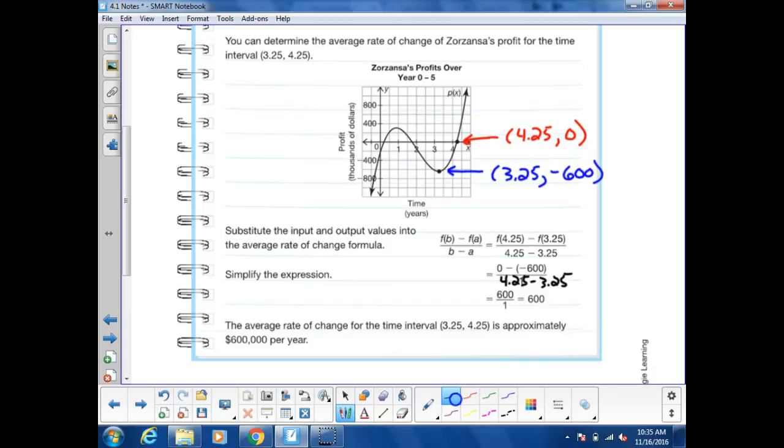So we get an average rate of change of 600 there. The average rate of change for the time interval 3.25 to 4.25 is approximately 600,000.